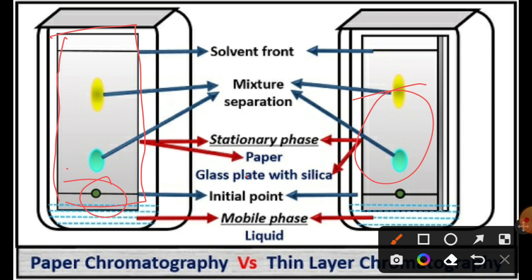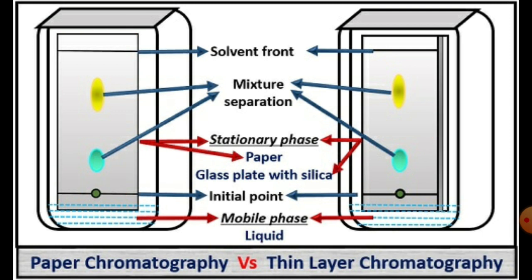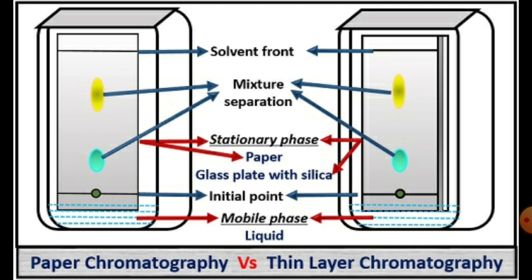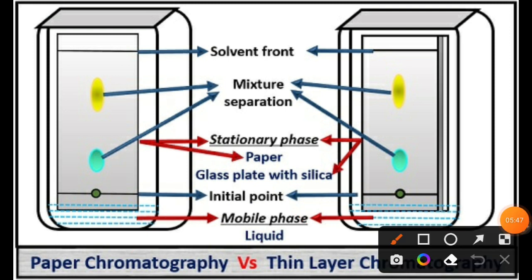Now, as I am telling repeatedly that paper chromatography and thin layer chromatography are the same, then why are we studying them separately, right? That simply means that there are some differences between paper chromatography and thin layer chromatography. So let's discuss it. Thin layer chromatography is a slight modification of paper chromatography, because in paper chromatography there is a problem.